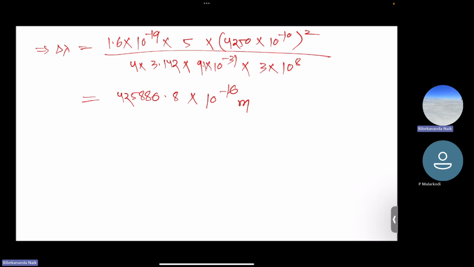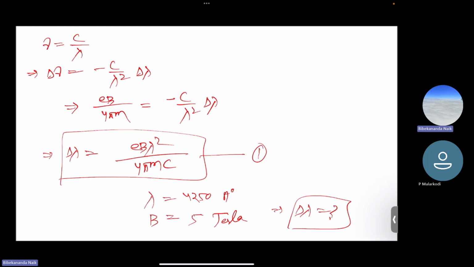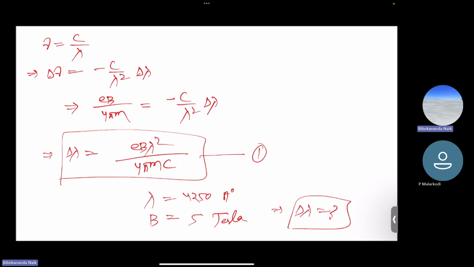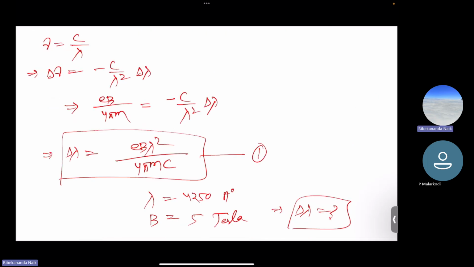If you convert it to Angstrom, it will be 0.425 into 10 to the power minus 10 meter, which is equal to 0.425 Angstrom. So this will be the correct answer. In order, the 4258 we can write as 426. So the correct option will be 0.426 Angstrom. I hope this is clear to you.